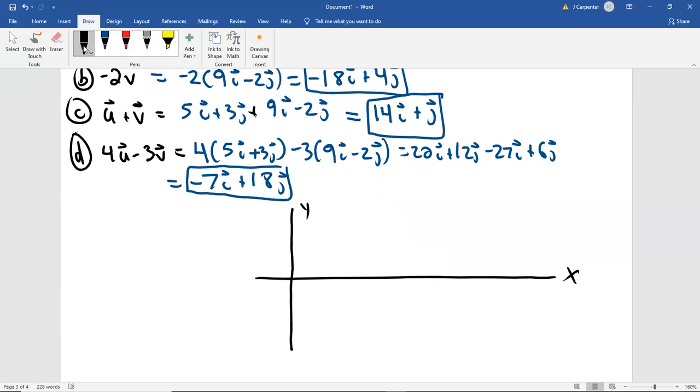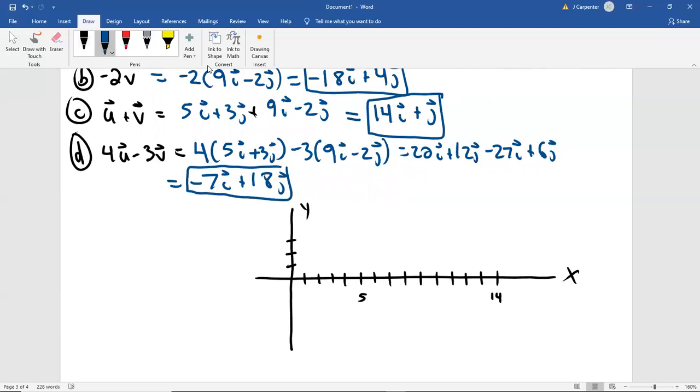So that's right 5 and up 3. 1, 2, 3, 4, 5, 6, 7, 8, 9, 10, 11, 12, 13, 14. So here's 14. So right 5, 1, 2, 3, 4, 5. So here's 5. And then up 3, 1, 2, 3.